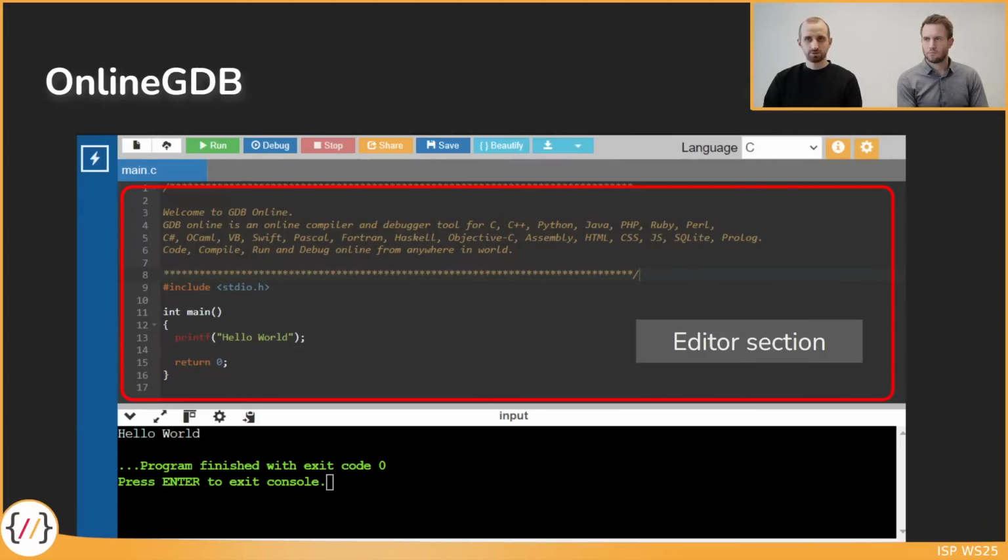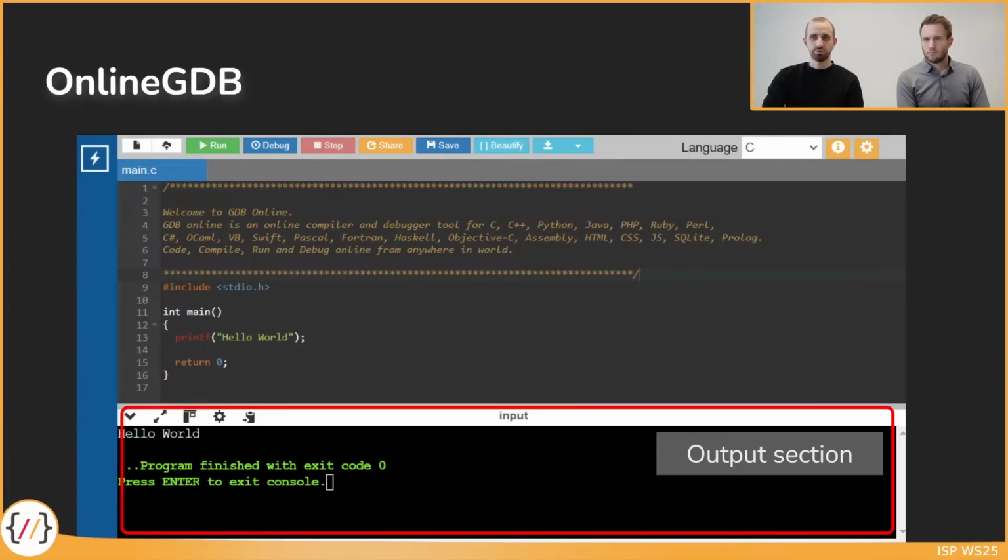You have this editor section where you have your code written, and again you have an output section, which shows the output of your program. Especially in the beginning, maybe using VS Code is a bit too much because you have to have Linux or Mac OS for that, or at least a virtual machine or whatever.